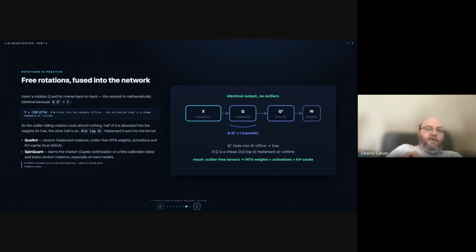A lot of work has been done to make the choices better and tune this, because this is the frontier of activation quantization. We don't really have a good method apart from this kind of rotation.